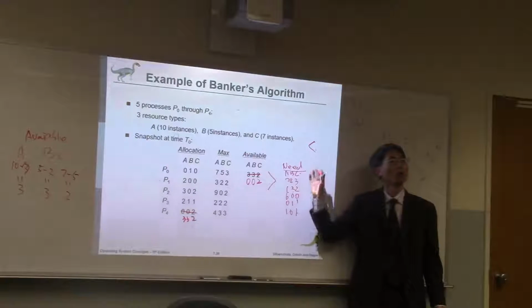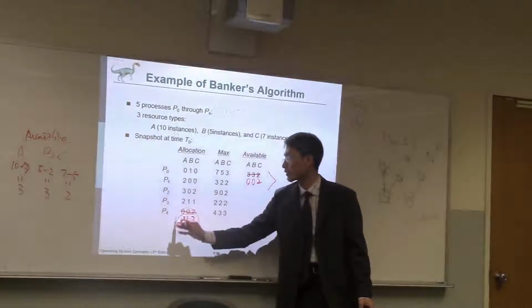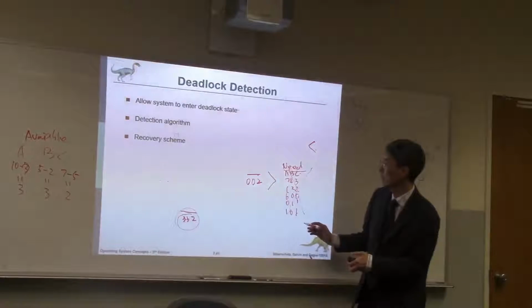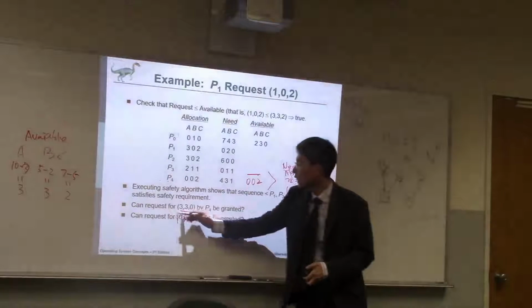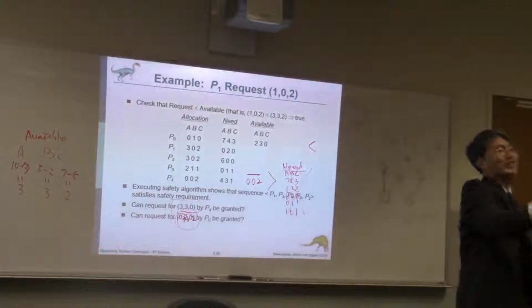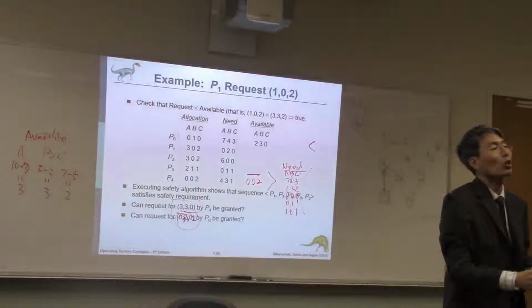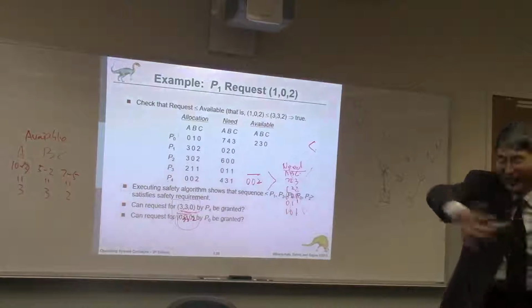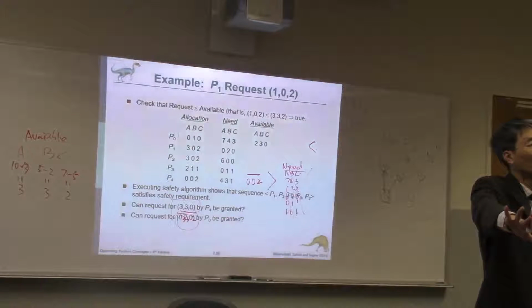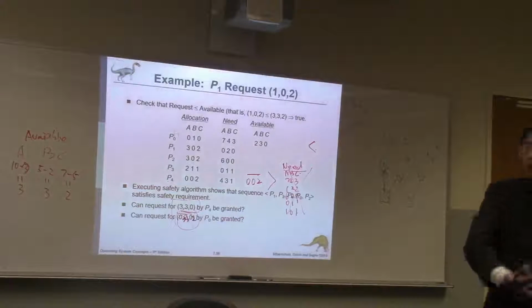No, we cannot find one. That means if we grant this request, the P4 request, that will be a non-safe state, which may cause deadlock, so we are not going to accept that request. That is deadlock avoidance.